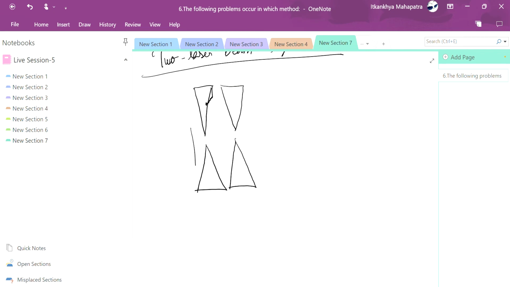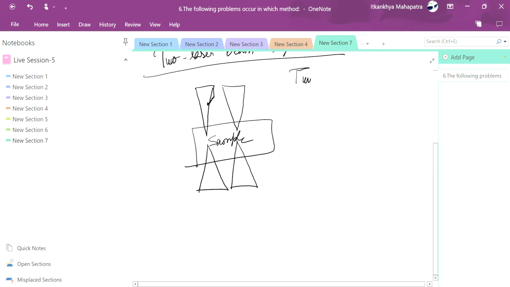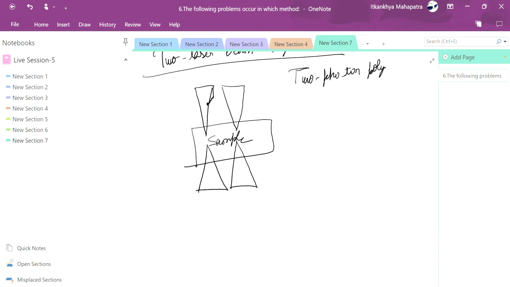Okay, and here suppose we have kept the sample. So this is the two photon polymerization. Now this is the visible laser and this is the IR laser.